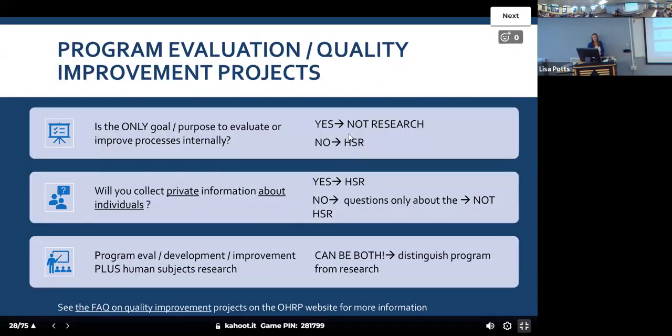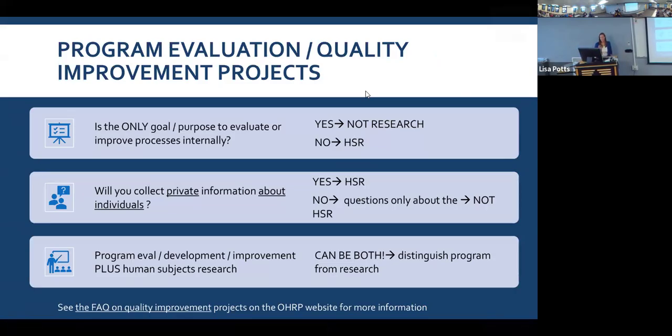So here are some of the things, going back to that program evaluation or quality improvement. Again, just think about, is the only or sole purpose process improvement? And then what kind of information are you getting? Is it about the person or is it about the program?